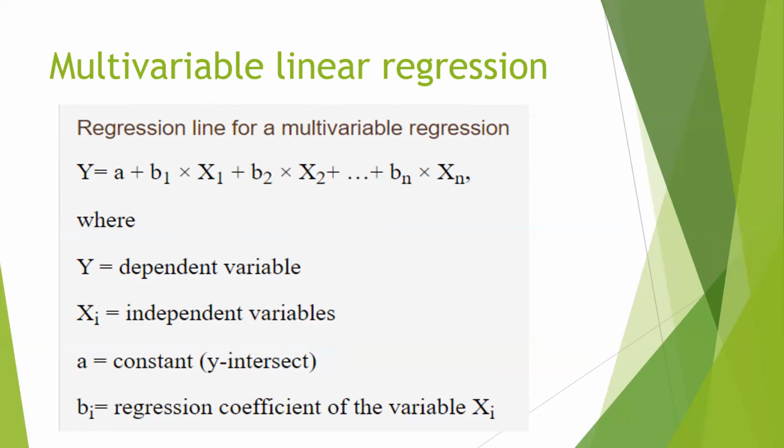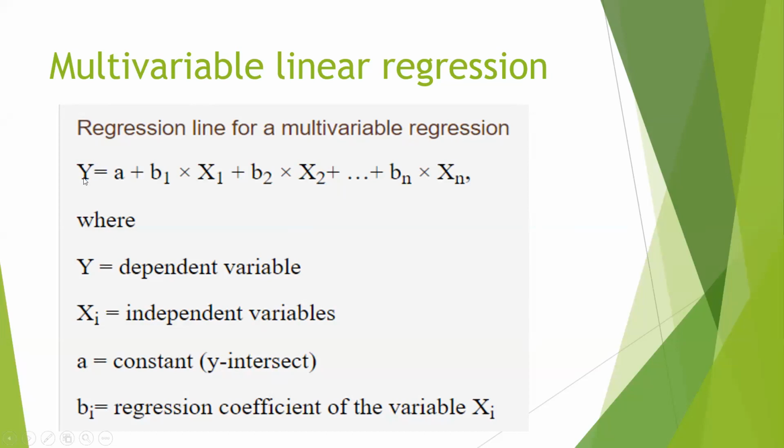Y means dependent variable. If you write multivariable, people will understand. Those reviewing your manuscript, research paper or thesis will say you have a lot of dependent variables if you write multivariate. But it is multivariable linear regression, which means you have lots of independent variables and one dependent variable.